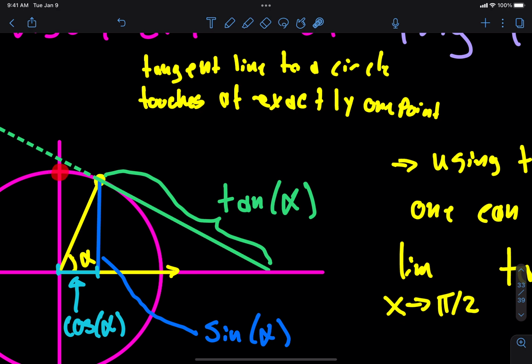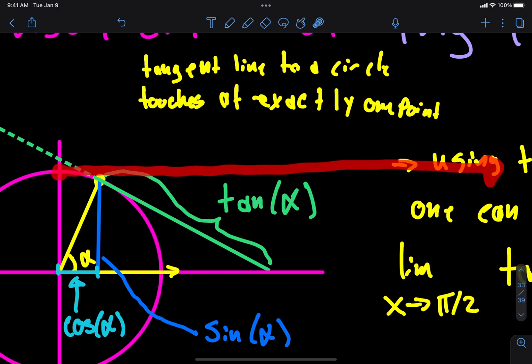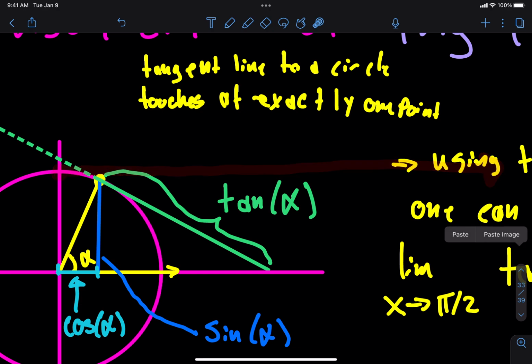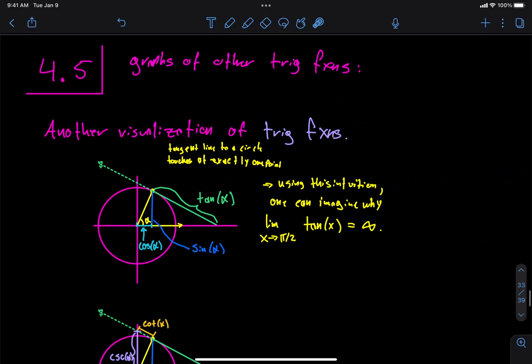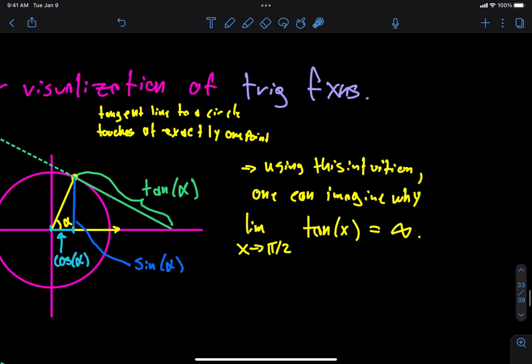If we go all the way there, then we can't even say. If you ask when this horizontal line touches the x-axis, well, you go to your math instructor and you say, please leave off because that question doesn't make any sense, right? If I ever ask you a question that makes no sense, feel free to yell at me. Okay, so that's how we can visualize tangent.